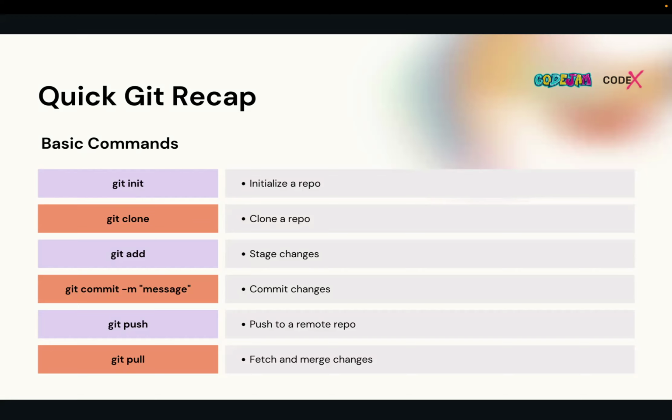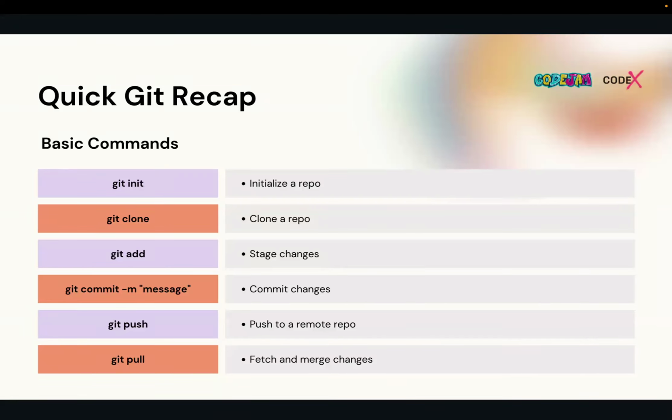Anyway, we have some of the most popular git commands: git init, git clone, git add, git commit, push and pull. With git init, when you have a local directory, you can initialize it as a git repository.